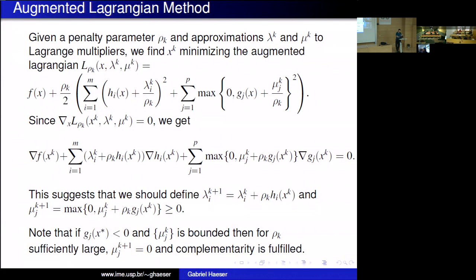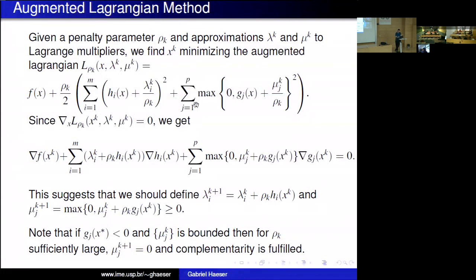So I'm using here the penalty parameter rho k and the approximation lambda k, mu k, and I want to find x minimizing this function. So this is the function combining equality and inequality constraints. You have f plus this displaced penalty term, and this is the displaced penalty term for inequalities.